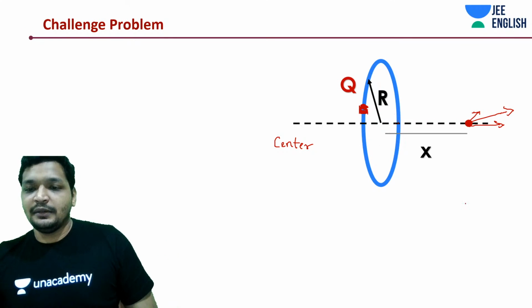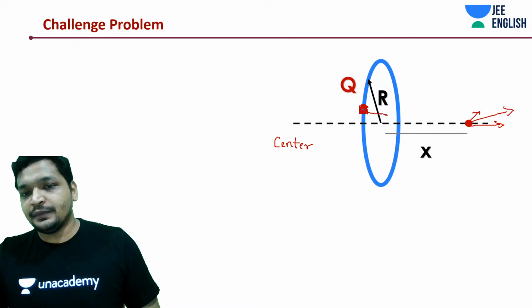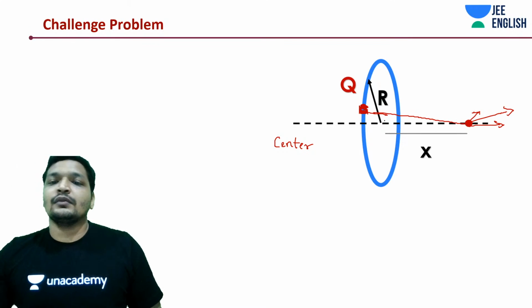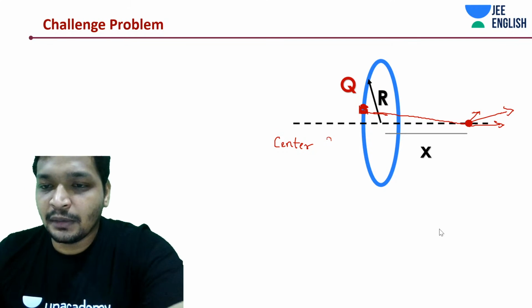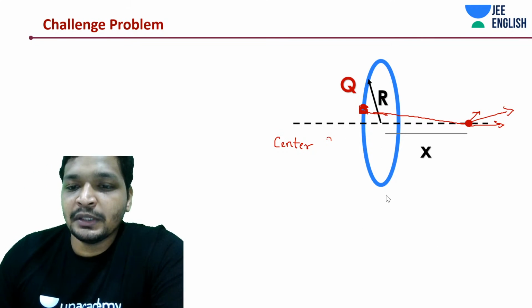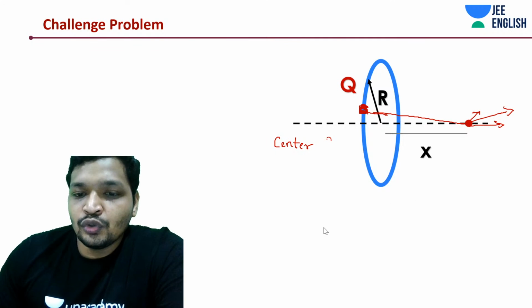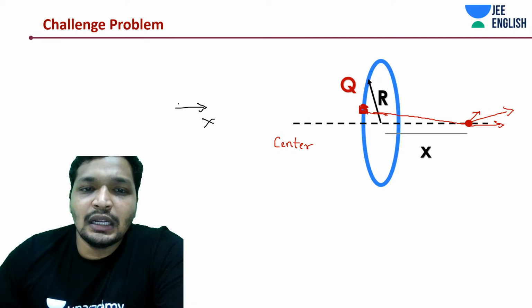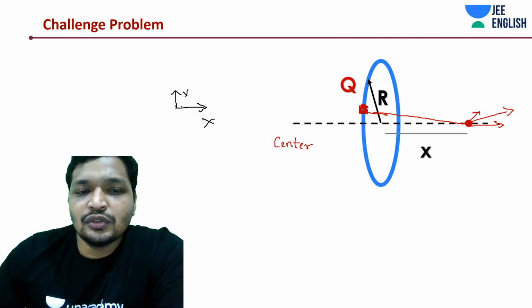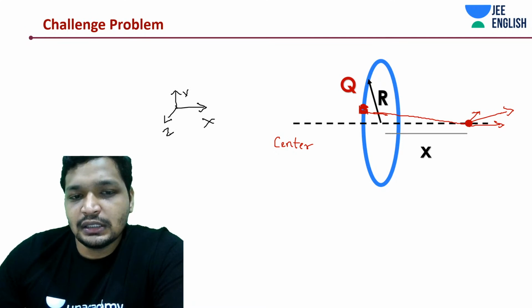Sounds very easy, right? Actually, integration is far easier than you think. If I take a symmetrical component over here, one more thing I would like to mention. If this is the x-axis, then there is also a y-axis, there is also a z-axis. Think about it carefully.